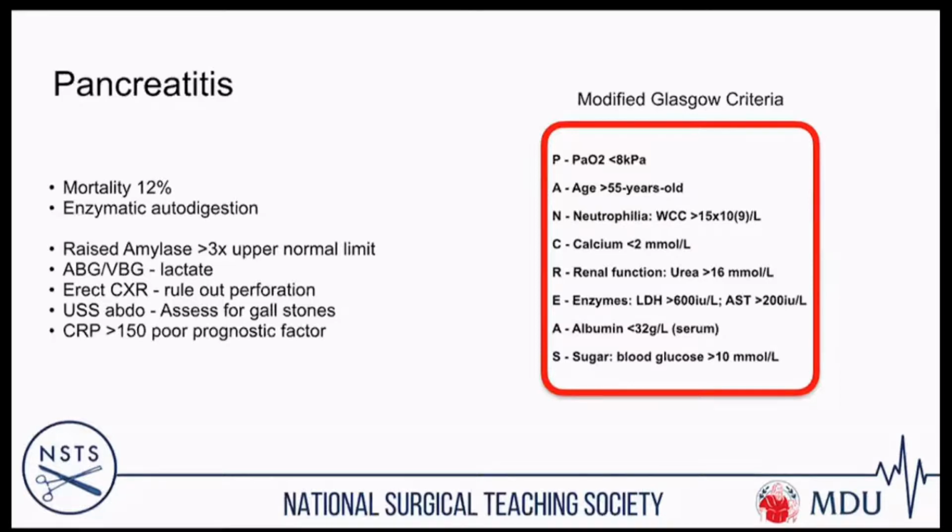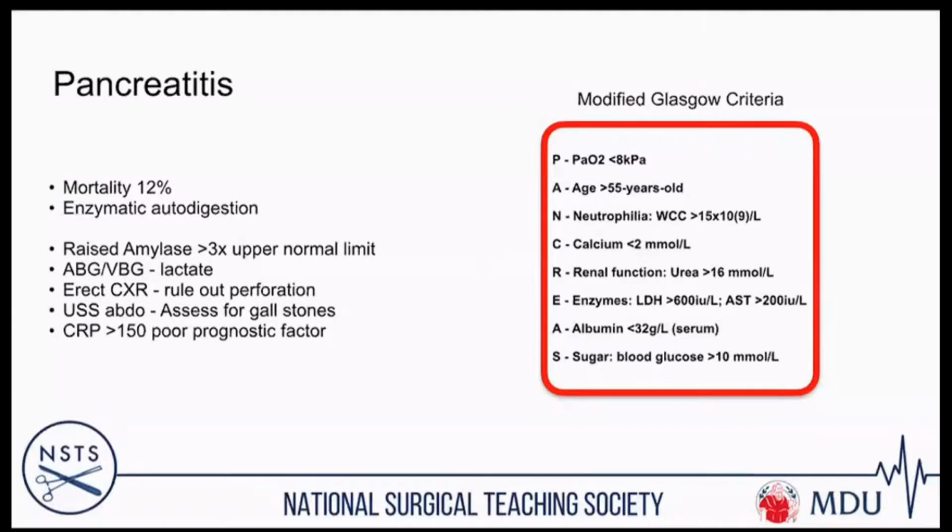So being able to recognise this is really, really important. Significantly, knowing your modified Glasgow criteria, which quite conveniently spells out the word pancreas. And in my medical school finals, that was one of the questions, to list them all and why we do them.